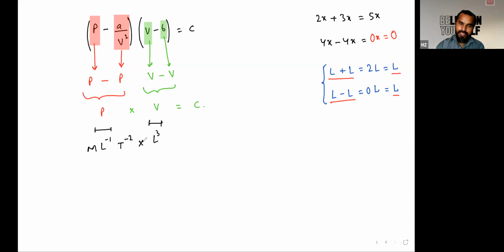We have to just multiply them to obtain C. Here, these terms have the same base, so on multiplication their powers will be added together. So it will be M L square and T to the power -2. Is it clear to everyone? Yes, sir.